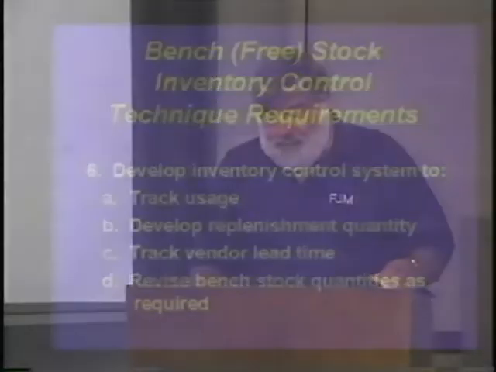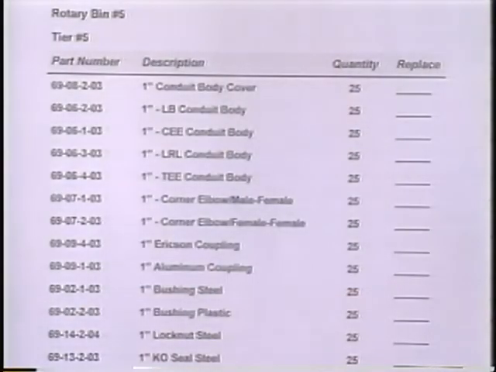Now, the form on page 33 is a very typical 2-bin replenishment form. And let me identify how this is used, and I said there are 3 different applications for this. First of all, this is Tier 5 for rotary bin 5 in the mechanical department.